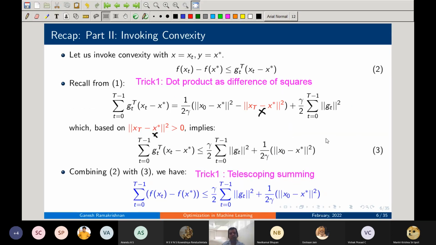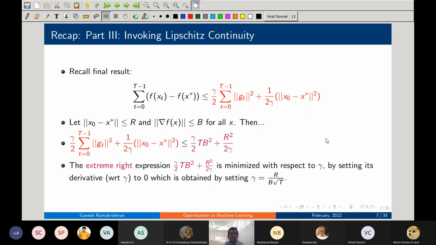What were the other tricks? A third trick was this one, the extreme right expression here. Fortunately now, because we are having index t equals 0 to T minus 1, the inequalities become simplified here.